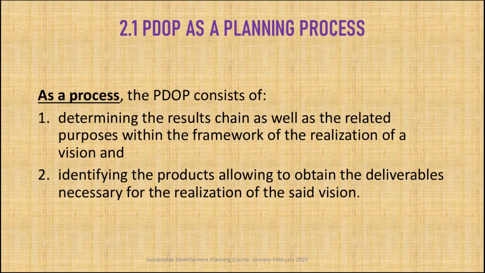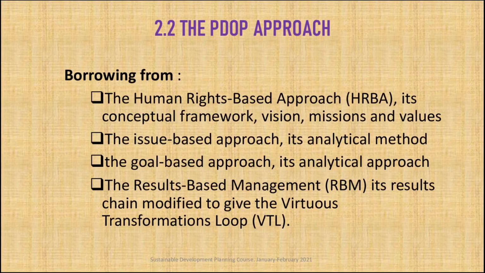As a process, the PDOP consists of determining the result chain as well as the related purposes within the framework of the realization of a vision, and identifying the products allowing to obtain the deliverables necessary for the realization of the said vision.